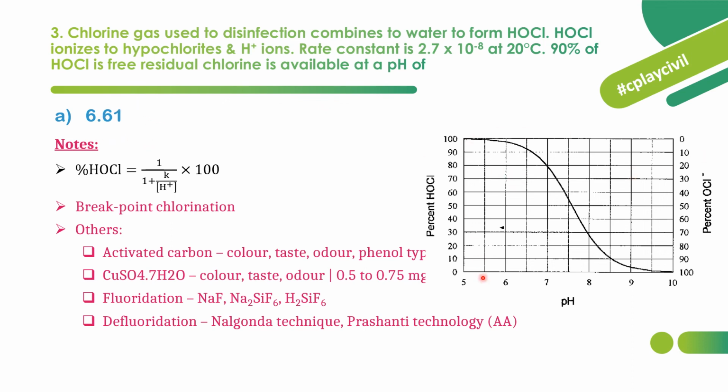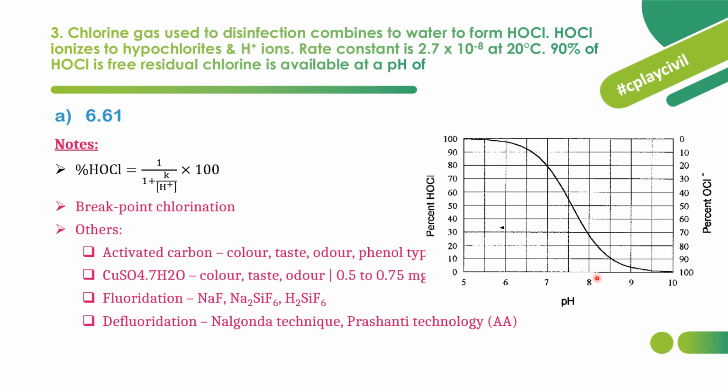This is the basic graph of percent HOCl and percent OCl minus versus pH. This will be nothing but an S curve. So we can observe what the value of percent HOCl is at a given pH value. When pH is very low, then HOCl will be high, and percent OCl minus will be low.